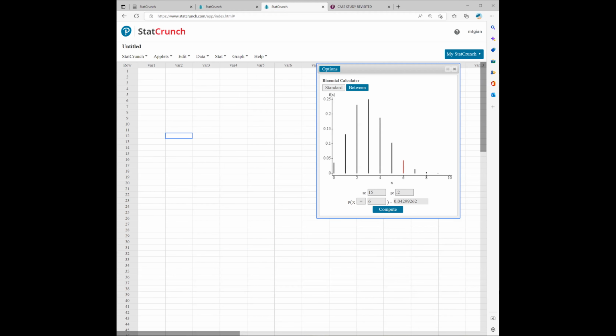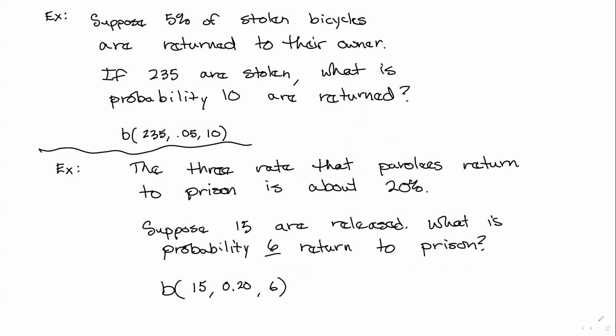All right, let's look at another example. We're back to the ESP reading. Someone predicts 10 Zener cards.